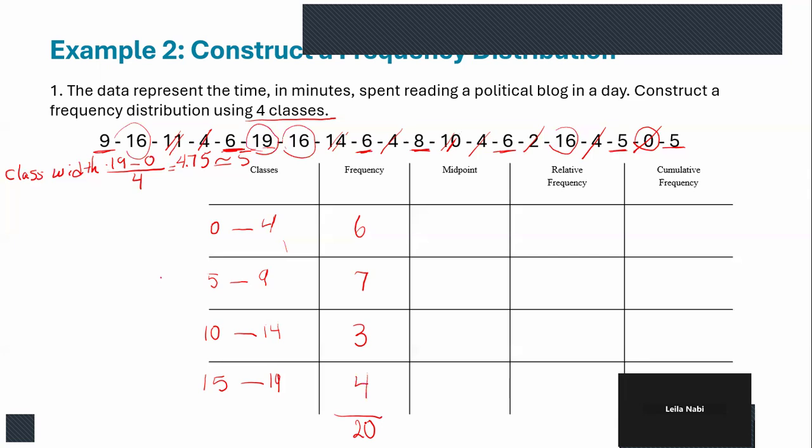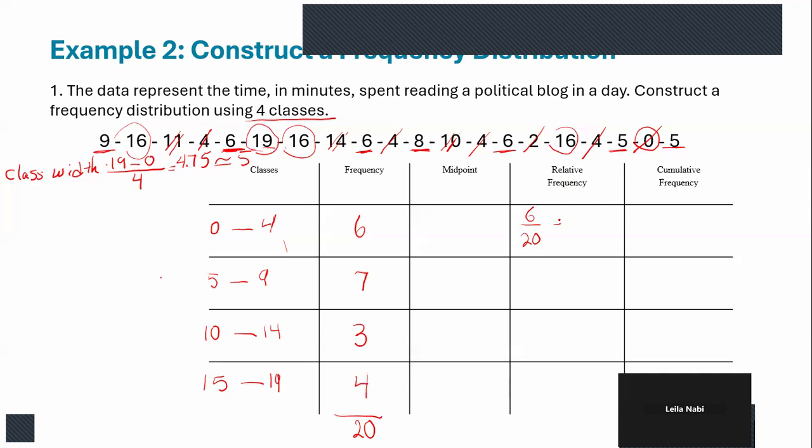Okay, after finding the classes and the frequencies, I want to find the relative frequency first. The relative frequency, as I said, we need to divide the frequency of each class by the sum of all the frequencies, which is 20. 6 divided by 20.